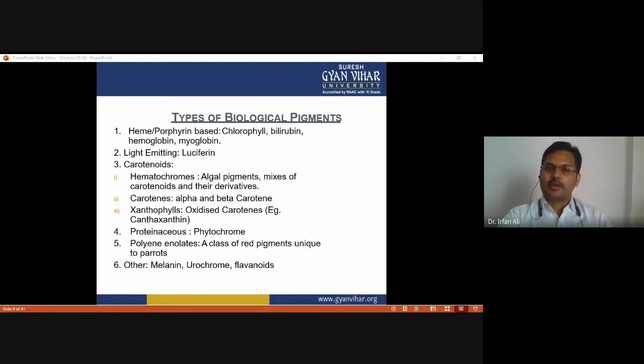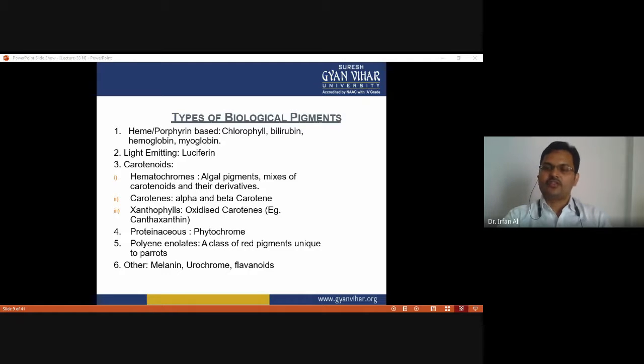This is an example of carotenoids. For example, algal pigments are a mix of carotenoids and their derivatives found in various types of algae that have different colors, including some red algae. There are also carotenes, for example alpha carotenes and beta carotenes, and xanthophylls. There are oxidized carotenes such as canthaxanthin, and proteinaceous pigments like phytochromes.